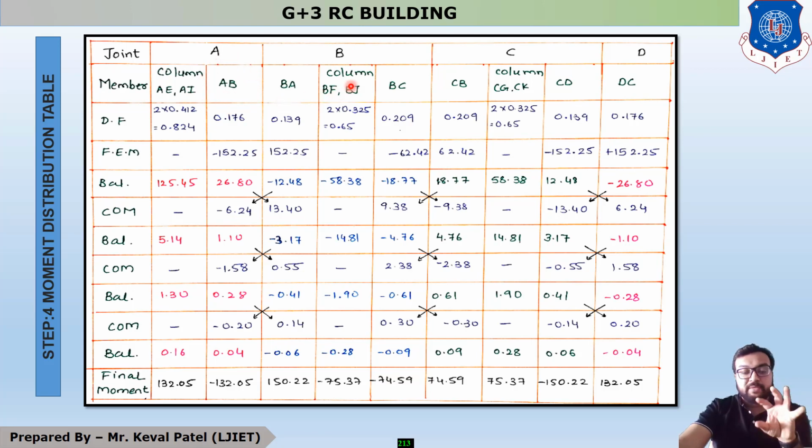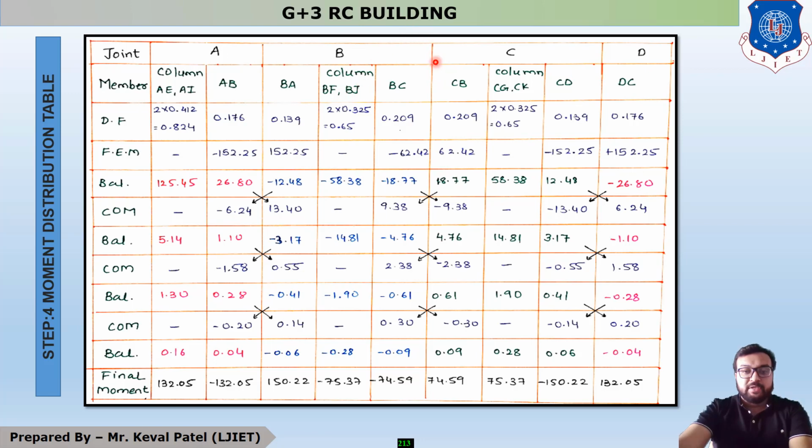From B there are 4 members: first BA, 2 columns named BJ and BF, and last the beam BC. Similarly to junction A, the 2 columns BF and BJ are merged, so there are only 3 members: BA, the column, and BC.